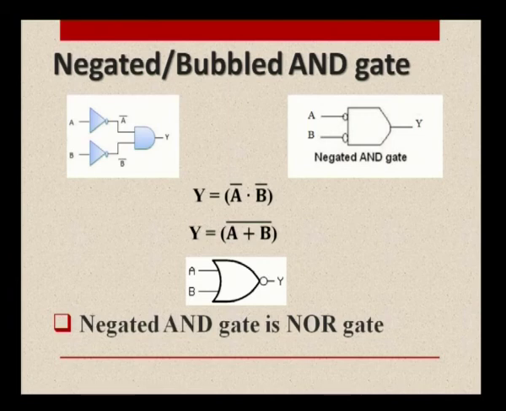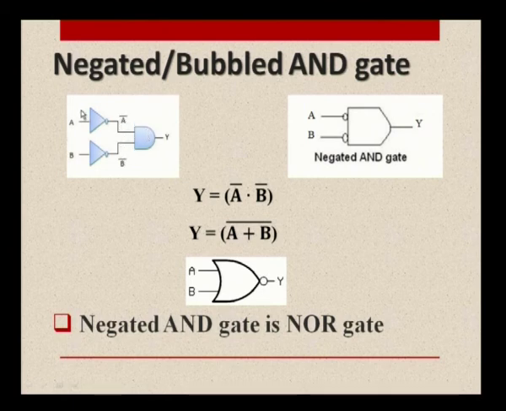This is actually the negated AND gate. We have a regular AND gate which will normally give the ANDed output of the inputs. But here we have two NOT gates connected at the input stage. We represent the NOT gate in this manner. So the input to this AND gate is complemented here.